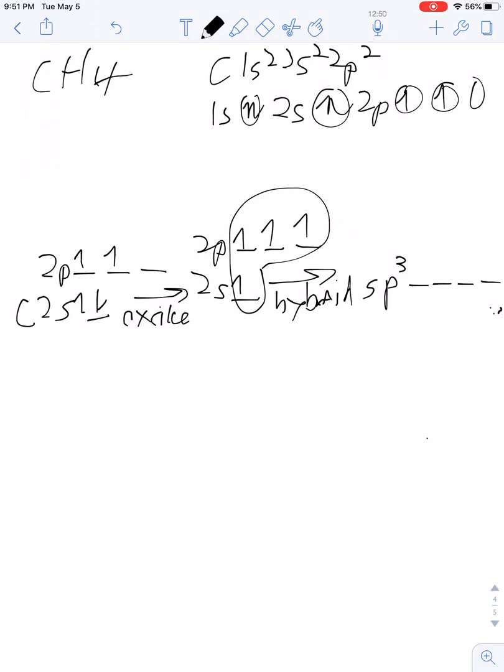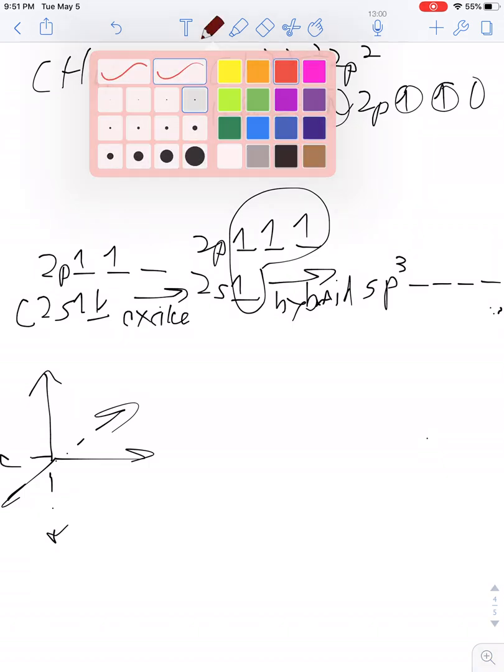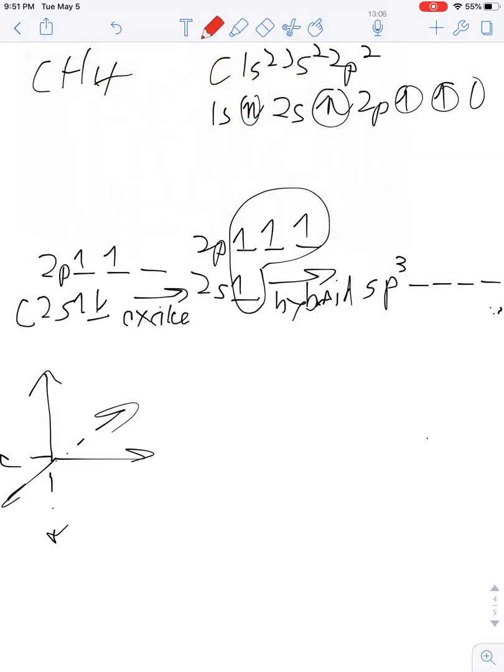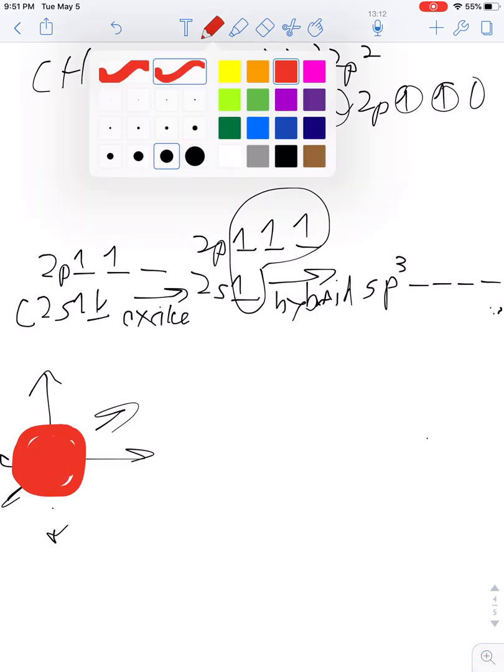Okay? Now, what do you get when you hybridize a sphere with 3 p orbitals?